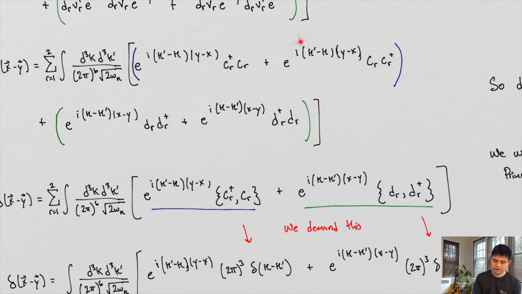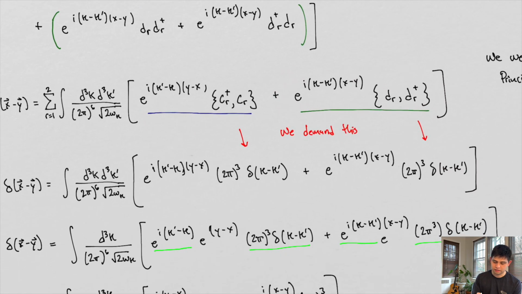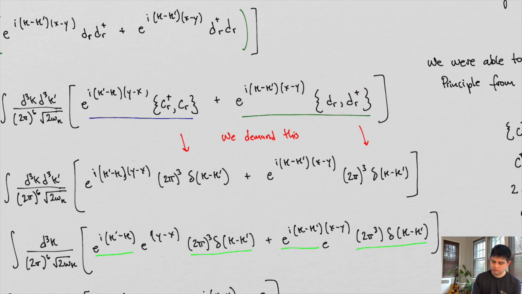So we factor this guy out because these two guys are the same, and we have this, right? We have these two relationships. This is the blue, this is green, and we demand that this equals this, and that this equals this. Okay, we want to remember that this is what we're demanding to be true.